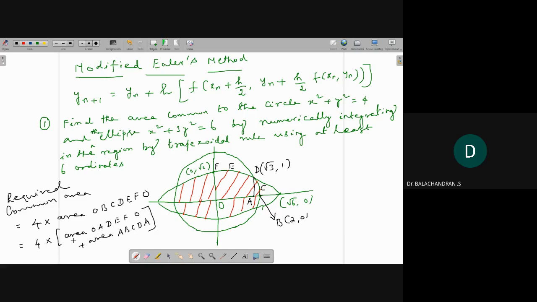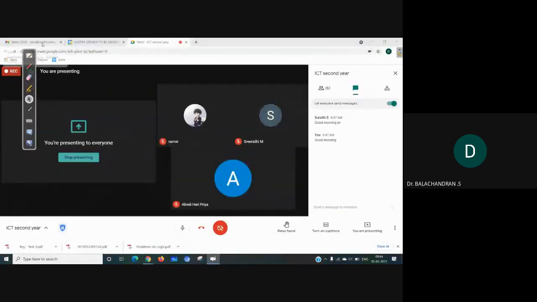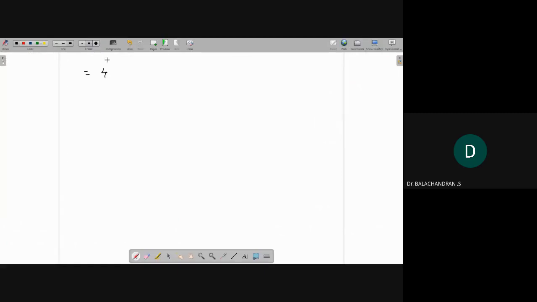Now, the next page I am going to write. It's better to write on the next page. This is equal to 4 times the integral 0 to root 3 of y dx plus the integral root 3 to 2 of y dx.